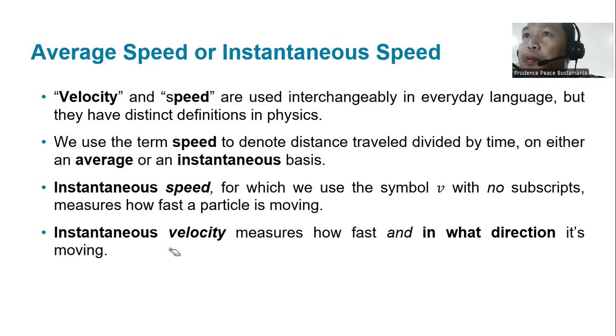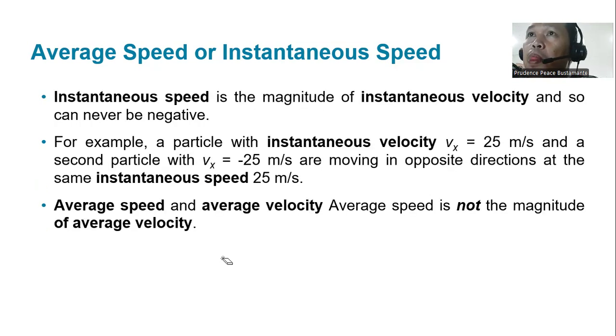The instantaneous speed, for which we use the symbol v with no subscripts, measures how fast the particle is moving. The instantaneous velocity measures how fast and in what direction it's moving. So the speed here is a scalar quantity, and the instantaneous velocity is a vector quantity. It has magnitude and direction.